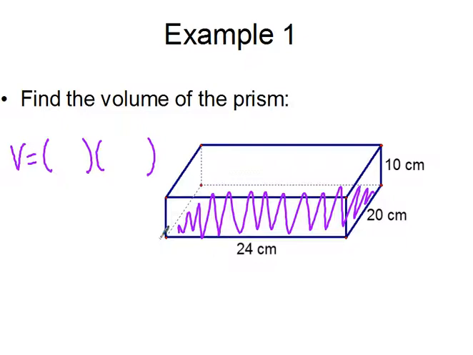That gives us 480 centimeters squared if you want units on that. And then the height of the prism is 10. So our volume is 4,800 centimeters cubed. Okay? Nothing too major. We're just using stuff that we've used before.